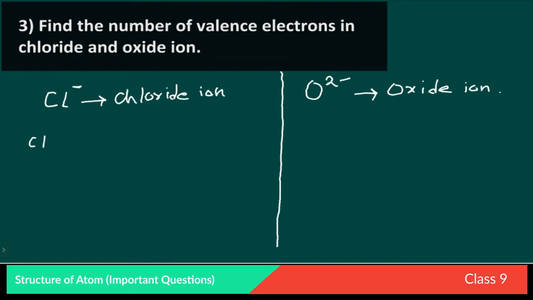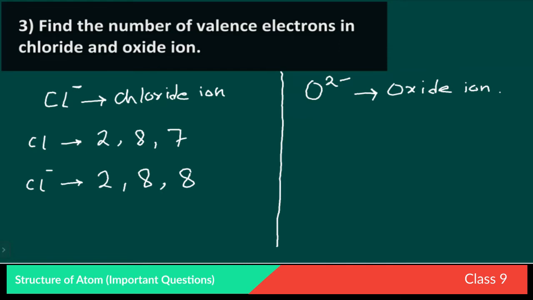Now we know chlorine has an electronic configuration of 2, 8, 7. Now, since the ion is chloride ion with a negative charge, it means an electron has been added. That means in the outermost shell, one electron will be added. So it will be 2, 8, and 8.